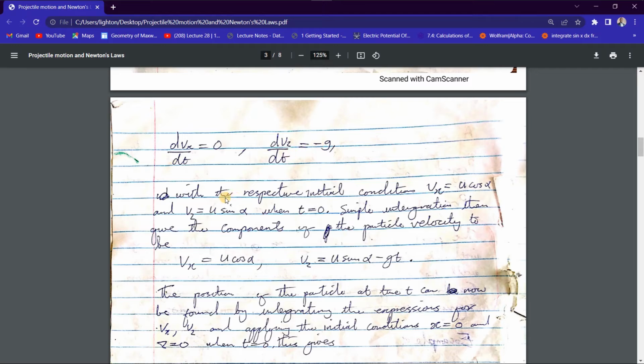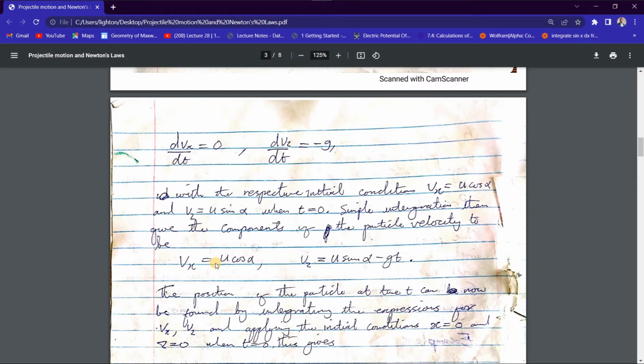Okay. So I was saying that with respective initial conditions, v subscript x equals u cos alpha and v subscript z equals u sin alpha when t is 0. Simple integration then gives the components of particle velocity to be v subscript x equals u cos alpha and v subscript z equals u sin alpha minus gt. Just integration of this and this, you get that.